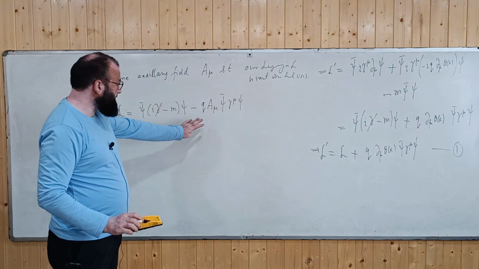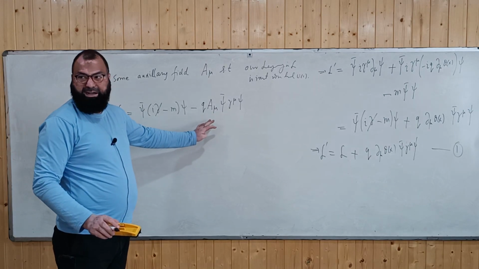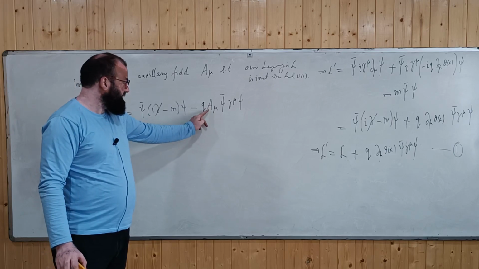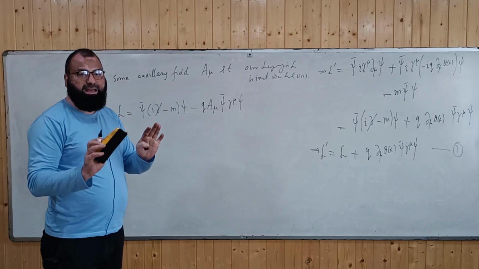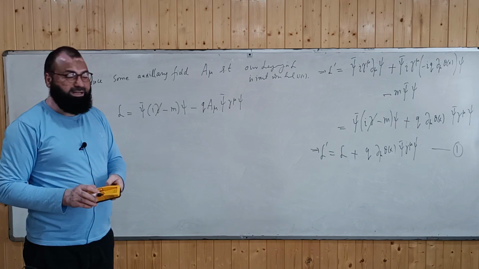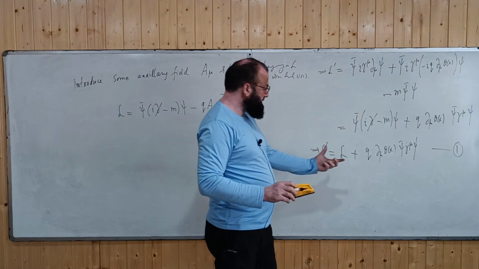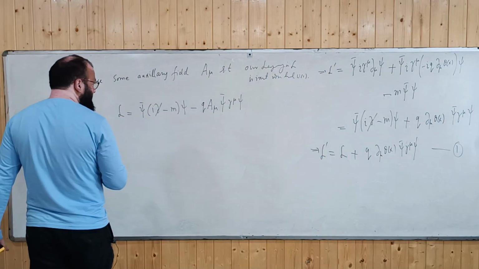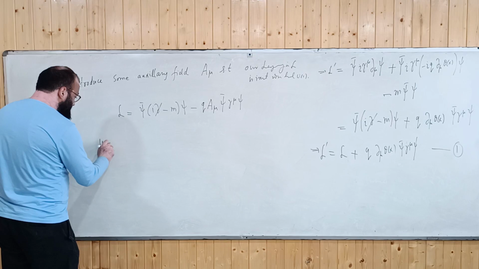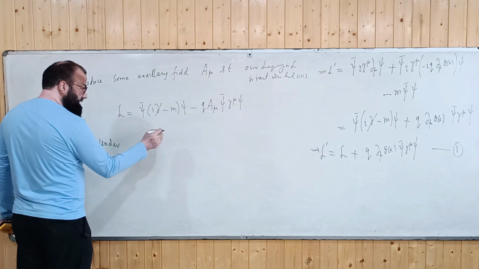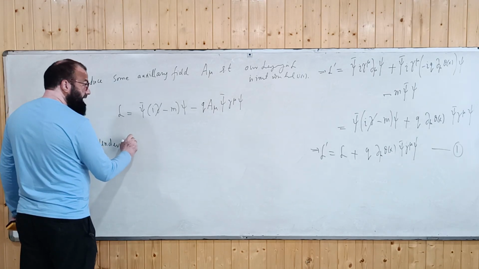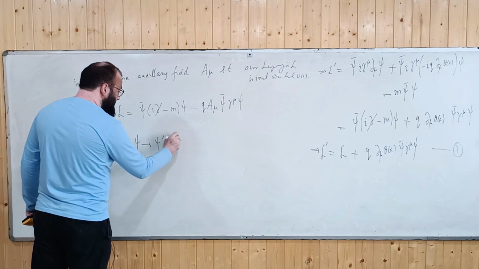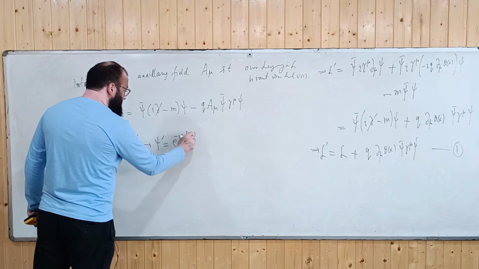What I have introduced is an additional term, and we don't know what exactly this term means, or what the interpretation of this A is. It is some auxiliary field we want to introduce in such a way that this term is removed from here. Got it? Okay, so now let's take the transformation again, under which psi goes to psi prime, equal to e raised to minus i q theta of x times psi.